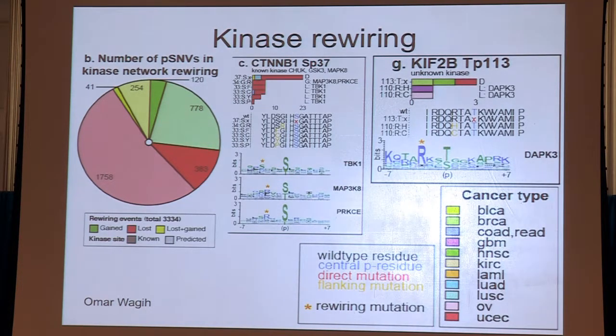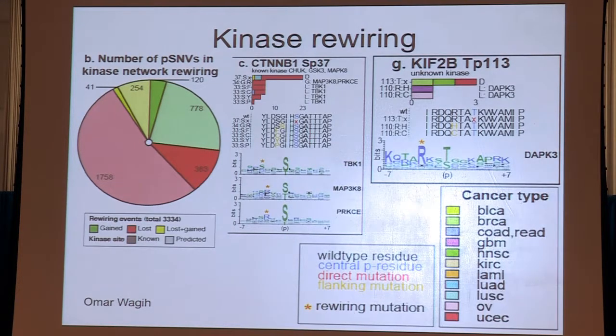And so here's an example, again in beta-catenin, sort of our control, where we have a mutation in the phosphorylated position, and we also have a bunch of mutations from different samples nearby to the phosphorylation position. If you look at different kinases and what sequences they recognize, those mutations are removing an important position, so if this kinase recognizes this position, it would now not be able to recognize it.